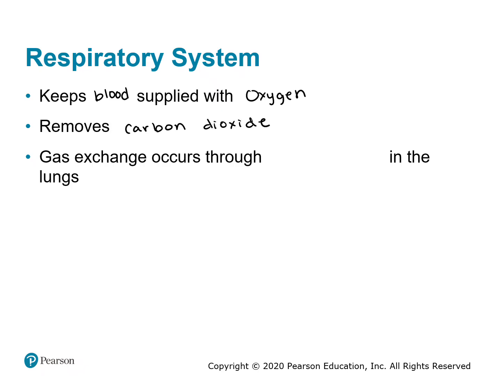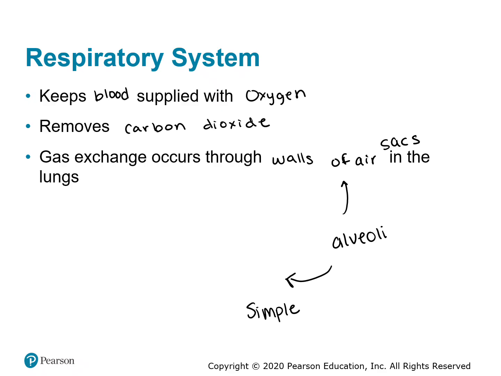And it removes carbon dioxide. Okay? And then that gas exchange happens in the walls of the air sacs in the lungs. Those air sacs are called alveoli. And those alveoli are made up of simple squamous epithelium.